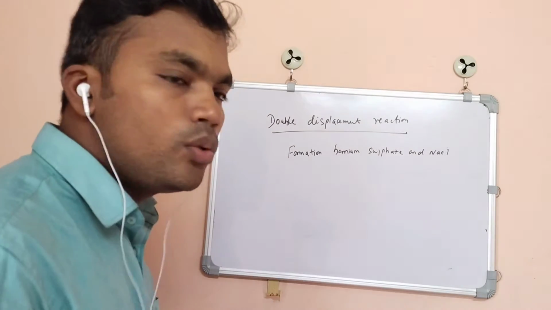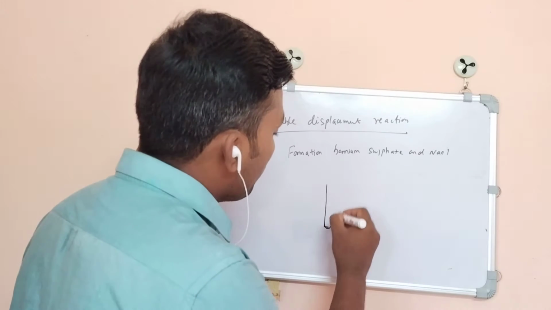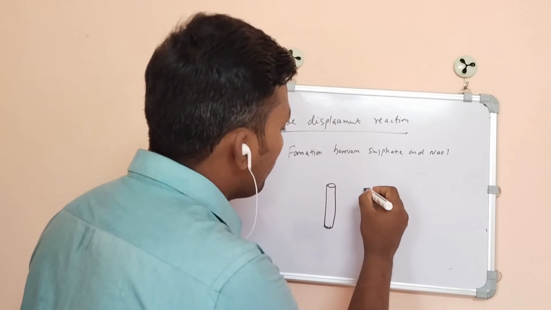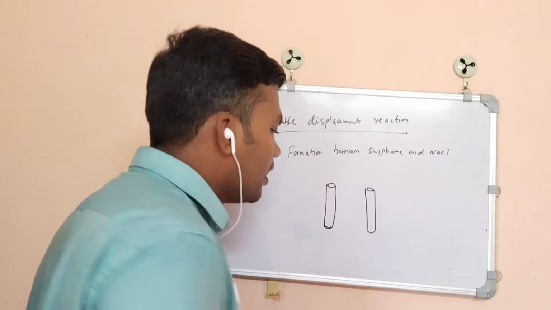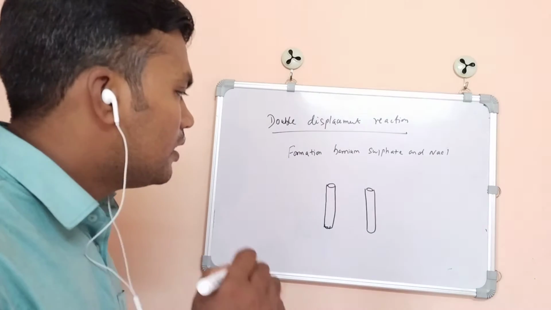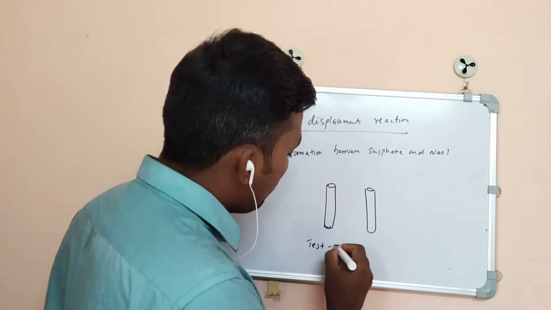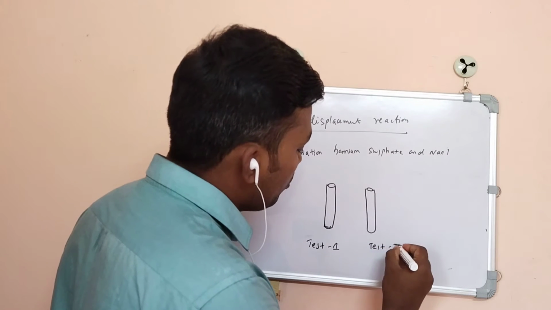To carry out this reaction, first you need two test tubes. In your school laboratory you can find test tubes. This is test tube 1, this is test tube 2.